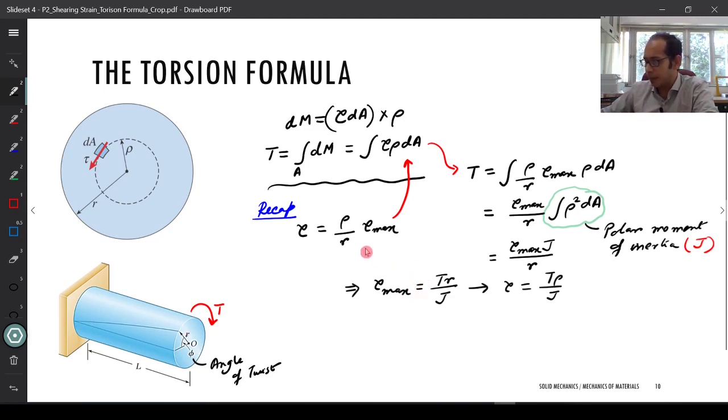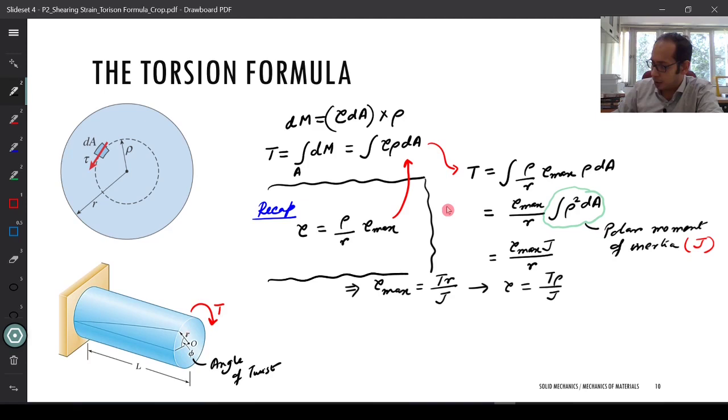Now remember that when we were doing the recap, let us also write another formula for the tau max which we had looked at. What was the other formula for tau max? Let me maybe draw the border over here so that it does not mingle with the rest of your expressions, right?